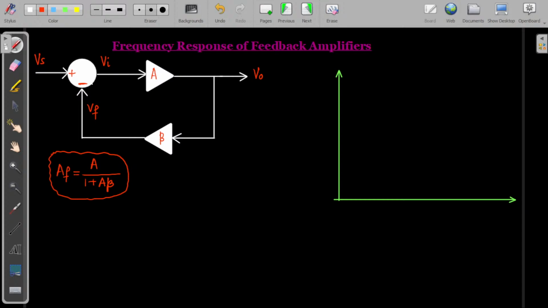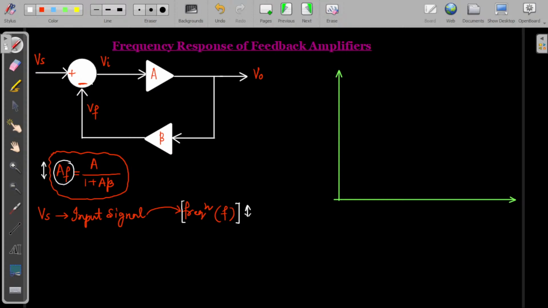That means we have given some input signal Vs. This signal will have some frequency F. So if this frequency is varied, then how the gain of the AF will vary. That is called the frequency response.